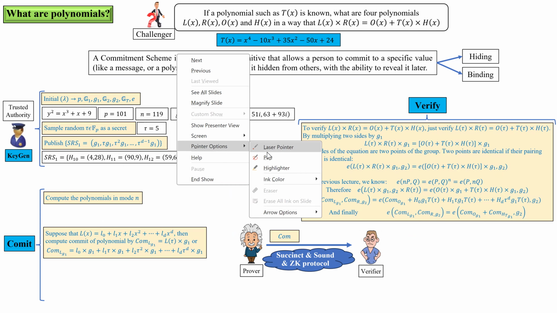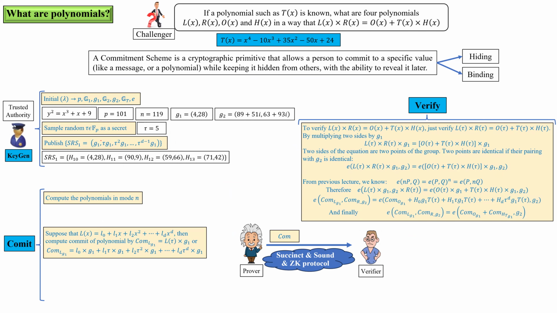So we computed this value, 5 times 4 and 28 equals 19 and 9, right? So this is the second element.